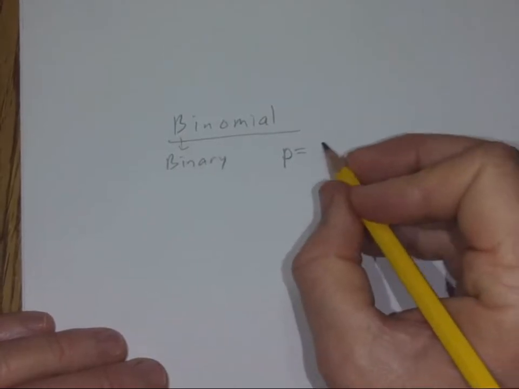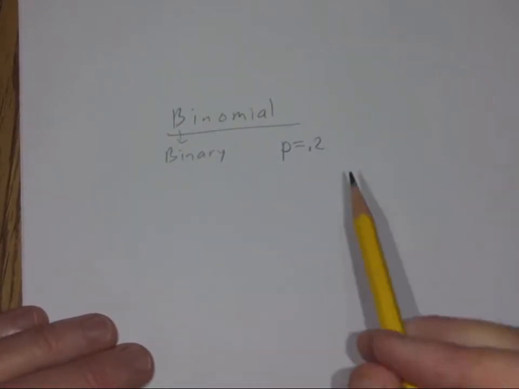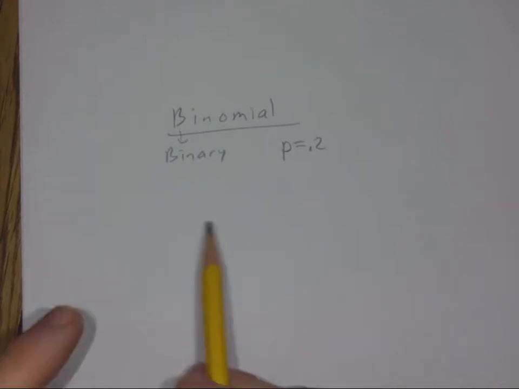It'll say P is something like 0.2, like 20% of the people in this town own a house, or 20% of the students in this school drive a car, or whatever. But it's got to be a success-failure. It can't be like political party, Republican, Democrat, other, three possibilities. No, it has to be like Republican or not Republican. It has to be binary.